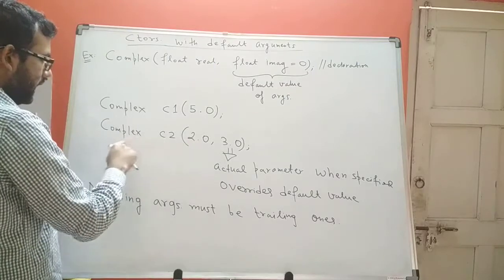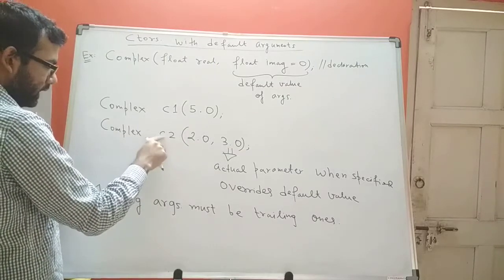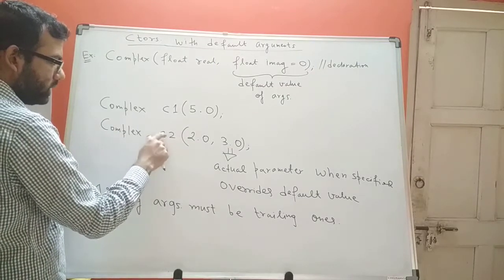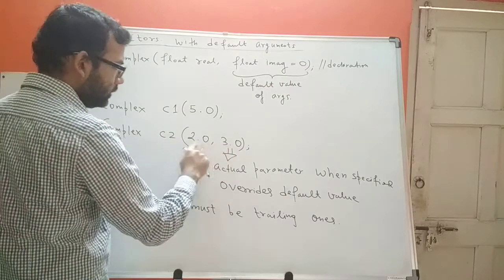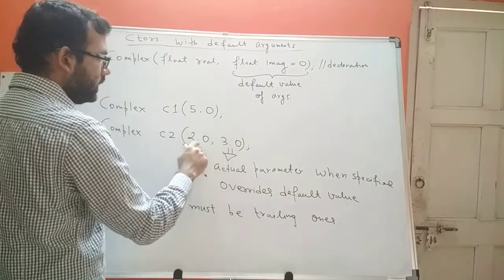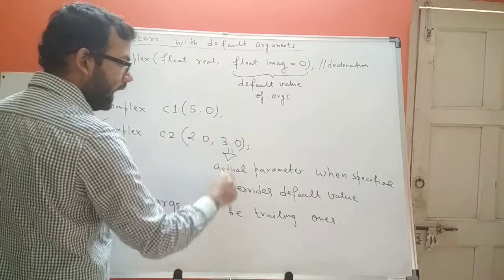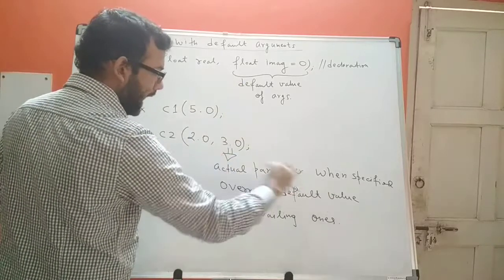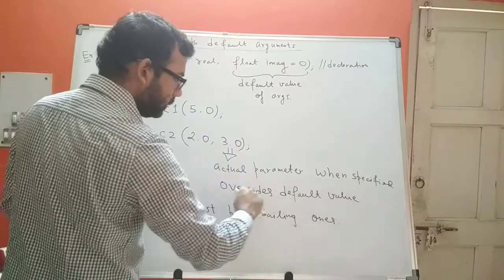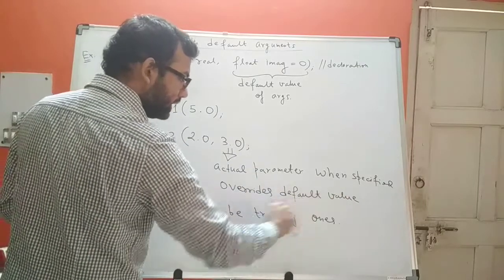Now here, I have instantiated an object C2, and I've passed the values 2.0 and 3.0. Now this 2.0 goes to real. Whenever I pass an actual parameter, the actual parameter when specified overrides the default value.